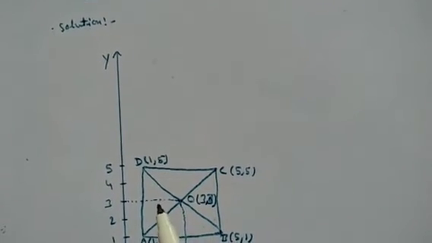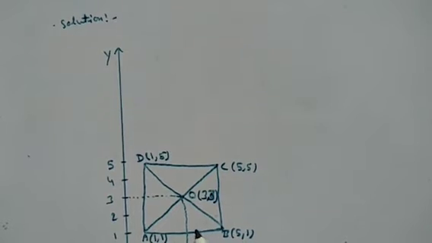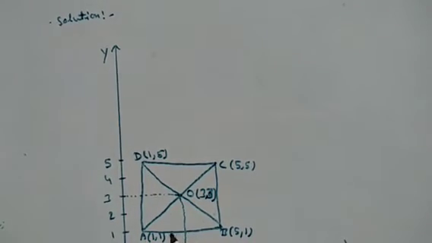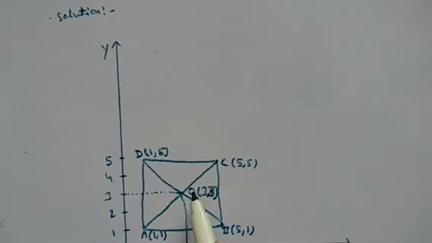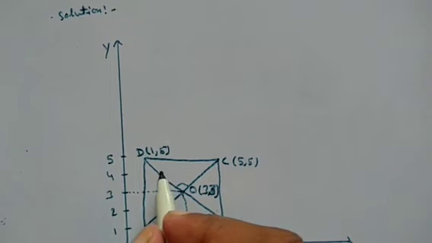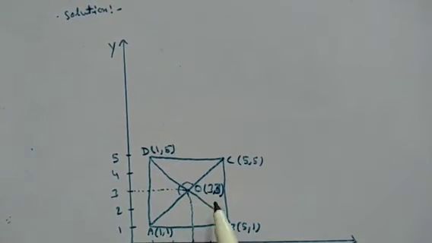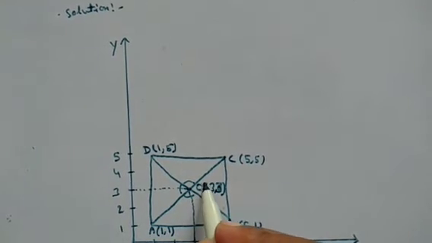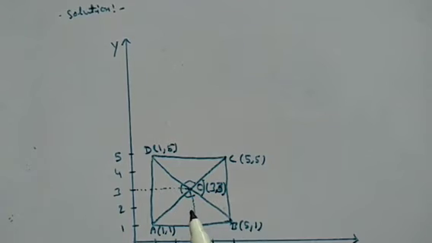You can verify this by measuring diagonals AC and BD and the angles of intersection, like DOC, AOD, AOB and BOC, with a protractor yourselves.